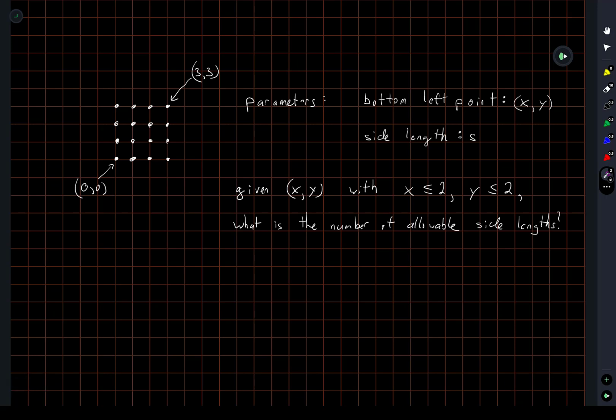And so what I'm seeing here is that if I draw lines like this, connecting these dots, the number of side lengths that I'm allowed to choose depends on which of those lines I'm on. If I'm on this line, there are 3 side lengths I can choose. If I'm anywhere on this line, there are 2 side lengths I can choose.